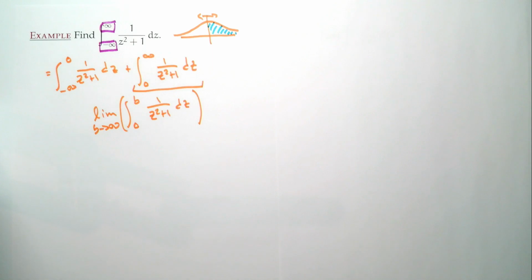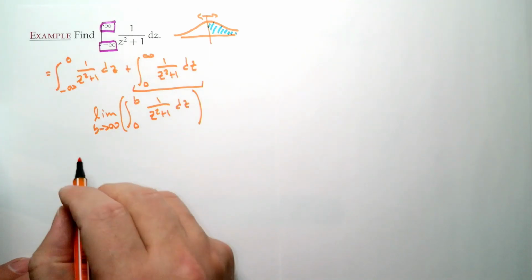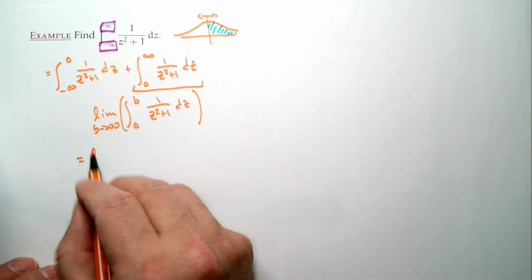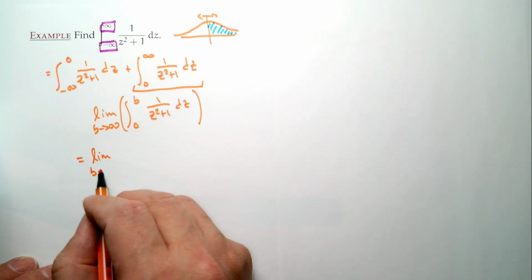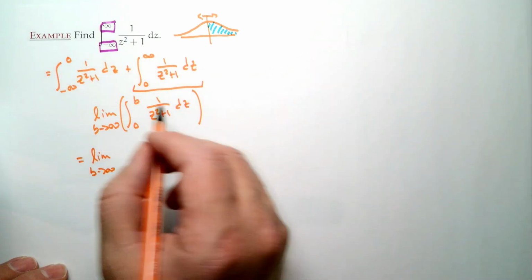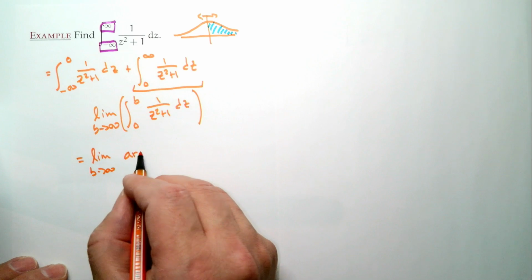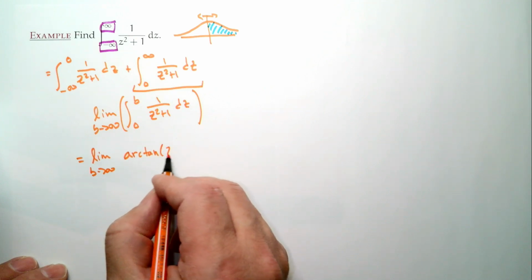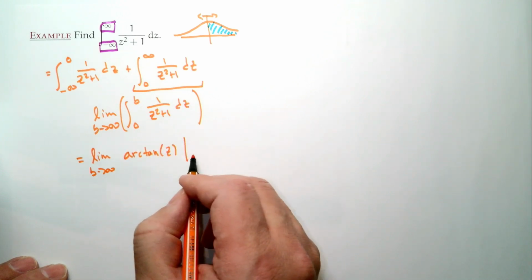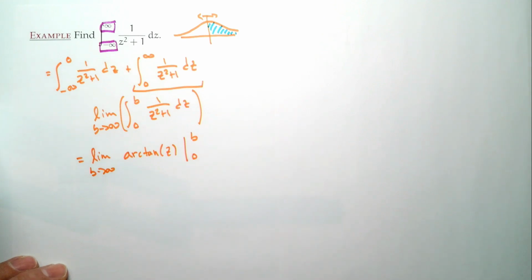This is one you should know. This one is near and dear to our hearts. It's such a beautiful antiderivative. It keeps us awake at night with joy, thinking about how beautiful the universe is, that it allows 1 over z squared plus 1 to have a nice antiderivative like arctangent. Okay, arctangent of z, 0 to b.